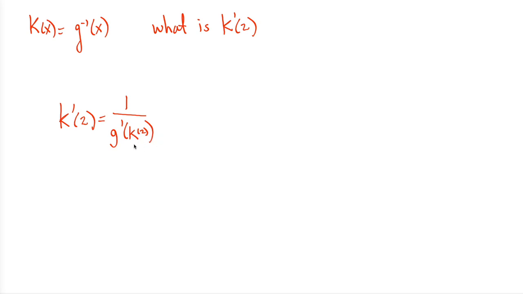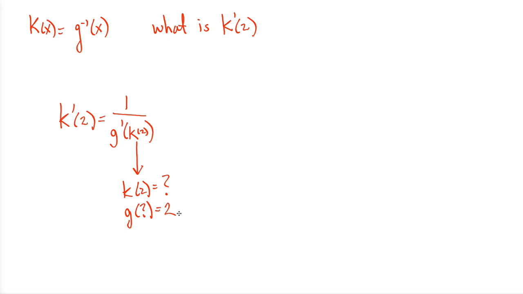K of 2 is going to be something. Because k represents the inverse of g, that means g of this something would equal 2. Because they're inverted, their numbers would be reversed.